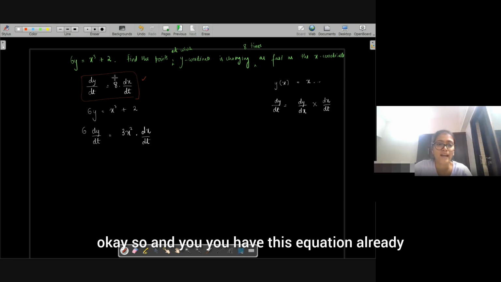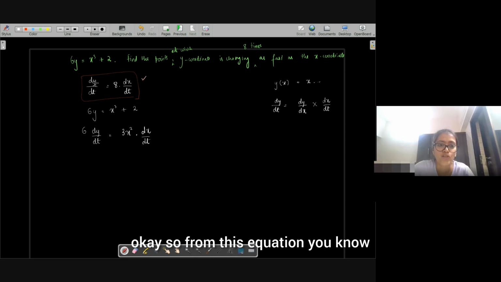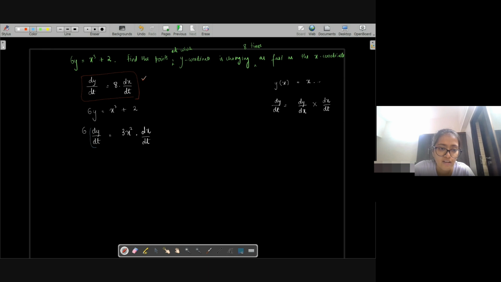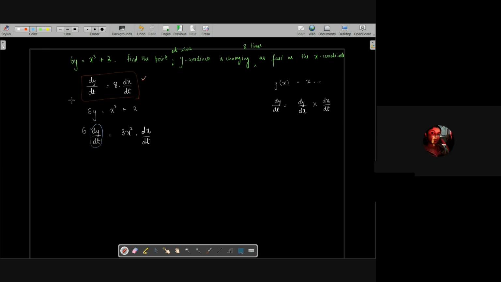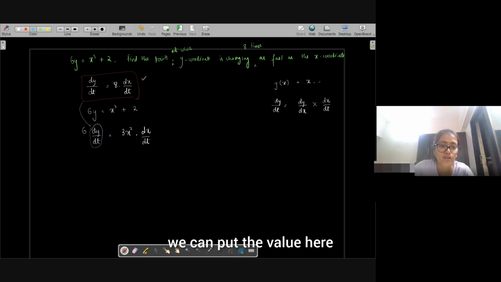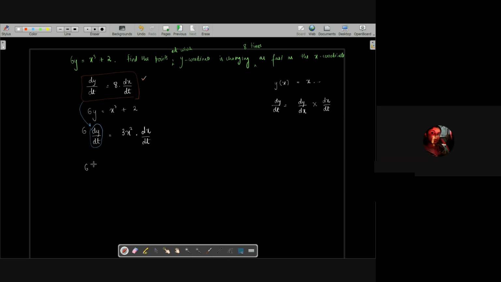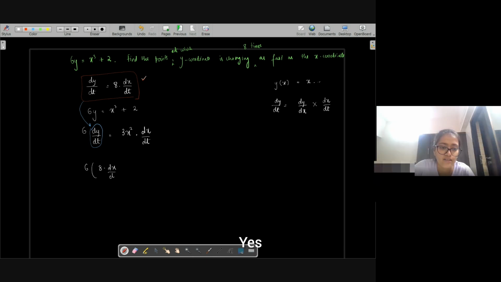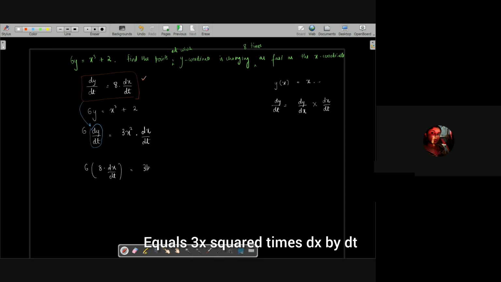Okay. So you have this equation already. From this equation, you know that dy over dt is equal to 8 times dx over dt. So you can put the value of dy over dt here. So 6 times 8 dx by dt equals 3x squared times dx by dt.